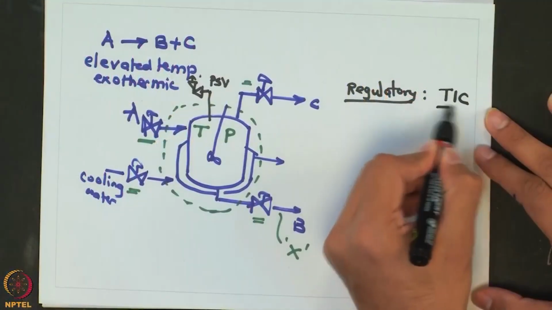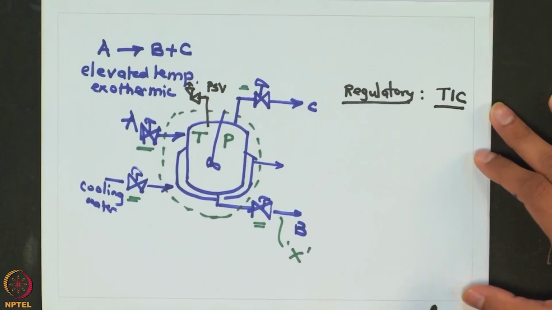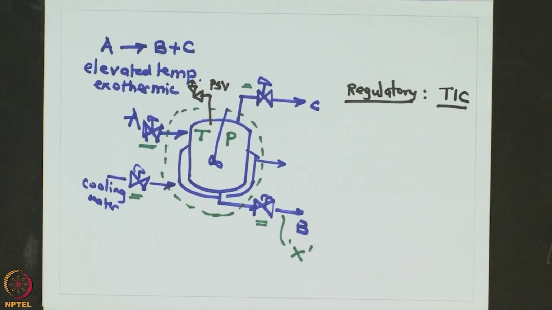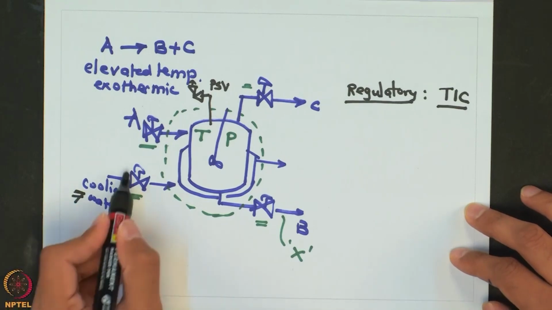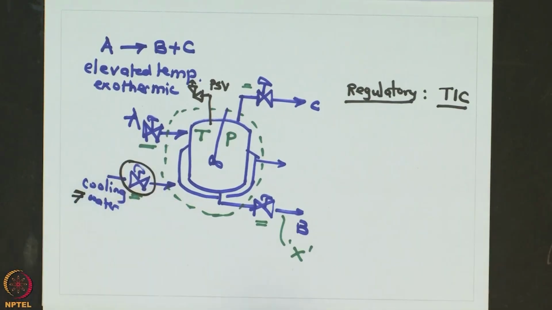So, typically for this particular system, it will involve controlling the temperature. We typically represent it as TIC, which refers to temperature indication and control. So, the regulatory layer will ensure that the temperature inside this reactor is maintained at a particular level. This is done by manipulating the cooling water flow rate by using this particular actuation.